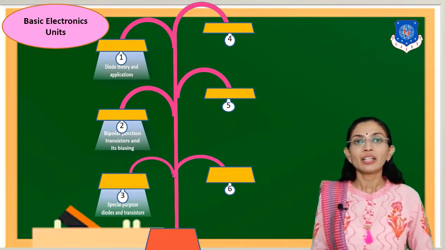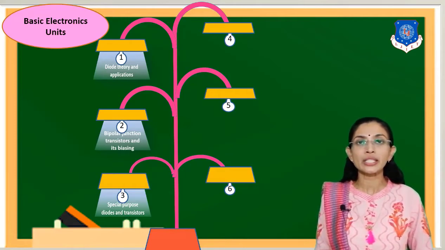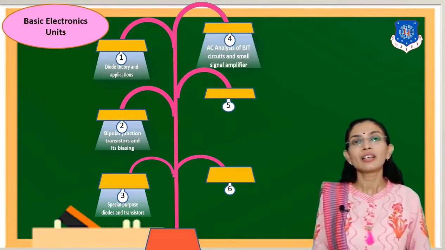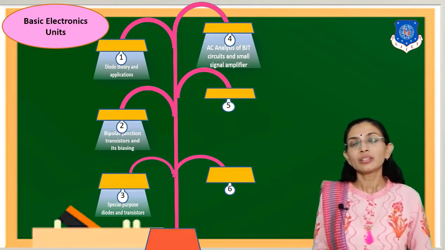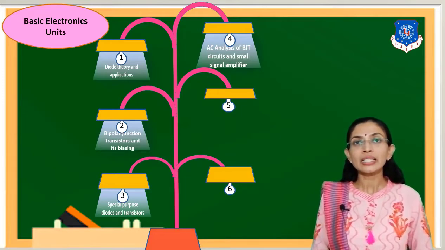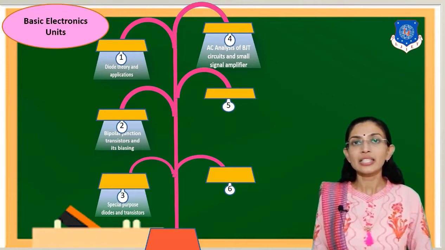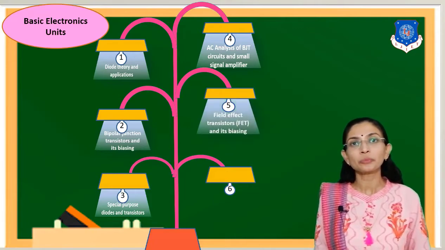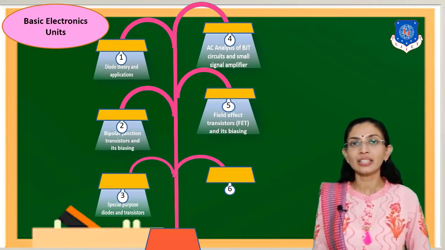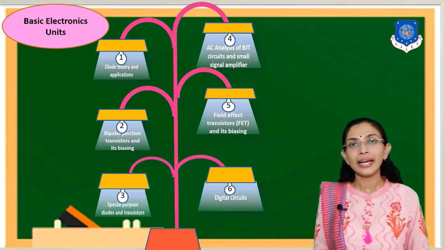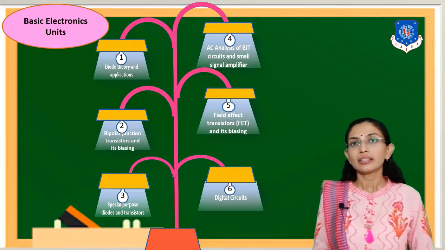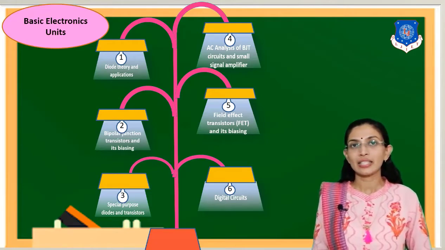Chapter 3, special purpose diodes and transistors. Chapter 4, AC analysis of BJT circuits, small signal amplifier. Chapter 5, field effect transistor and its biasing. And chapter 6, digital logic circuits.